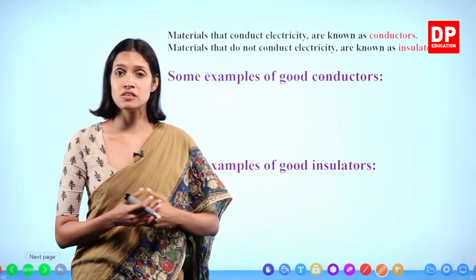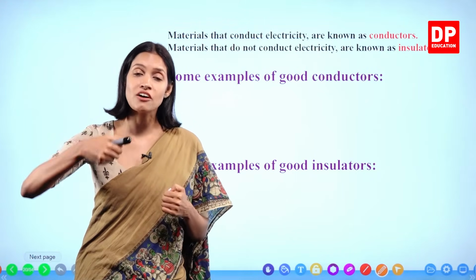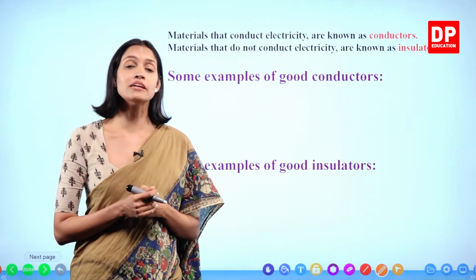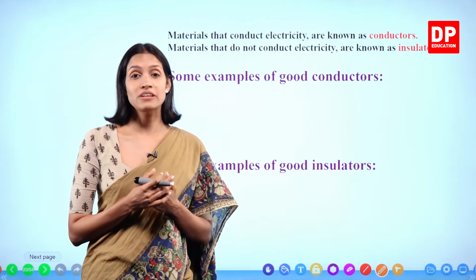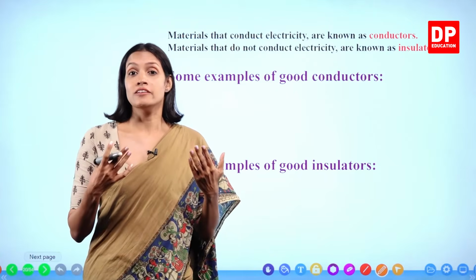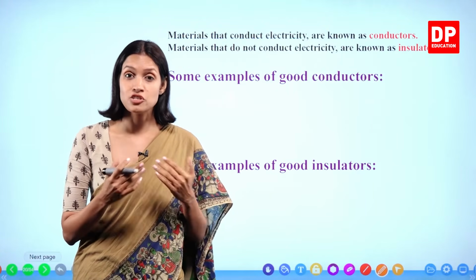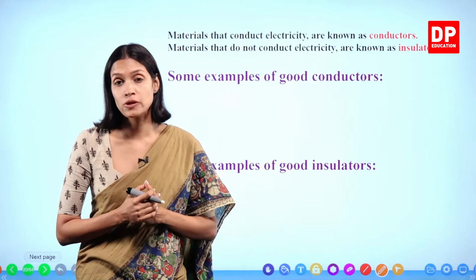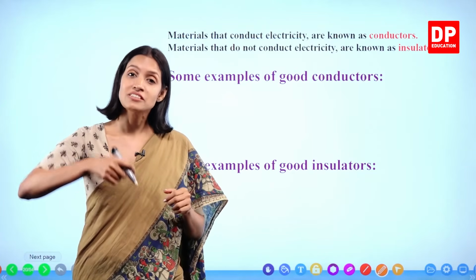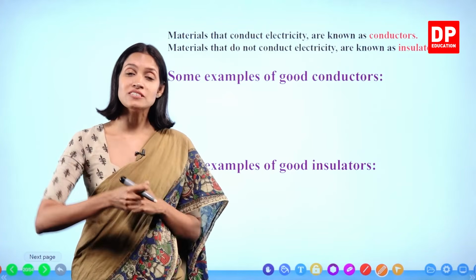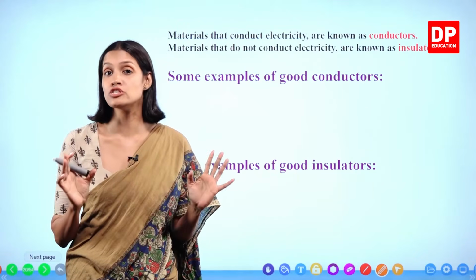And other times, let's say the handles or the lids of electric cookers. When we handle these different types of electrical appliances, they should be user-friendly and very safe to use, okay? So when we touch these appliances, the handles should contain insulators.